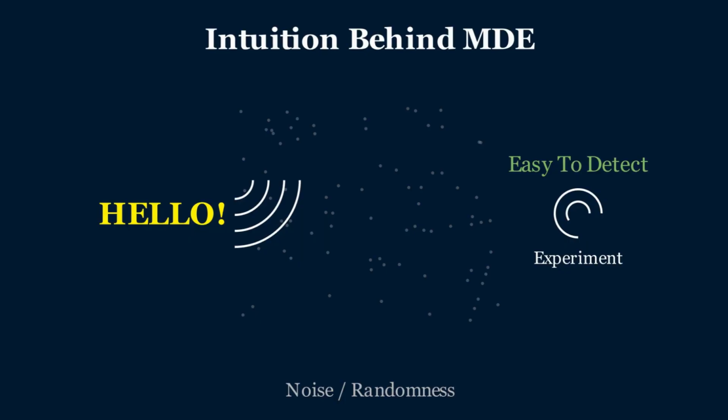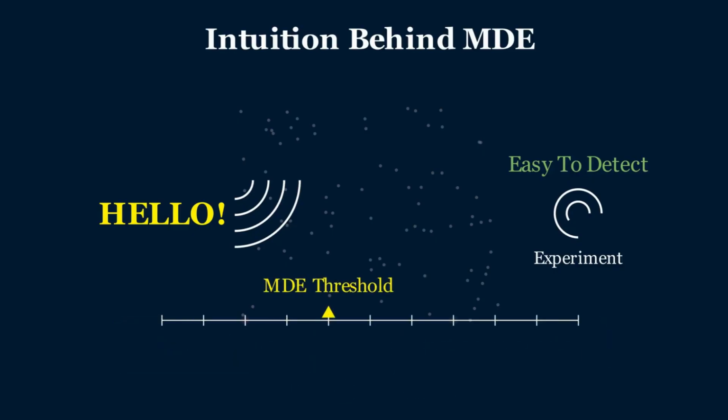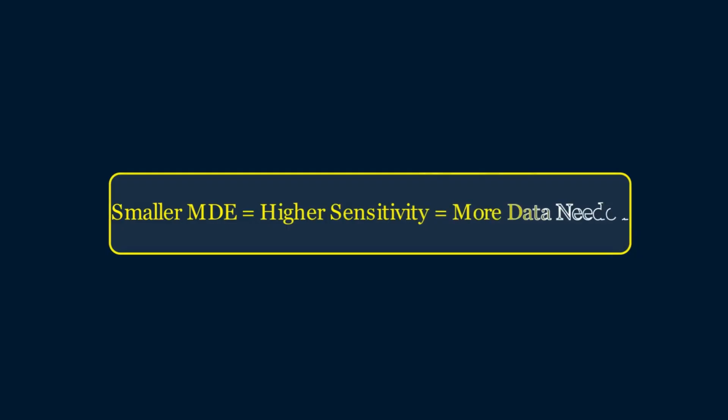Small effects are whispers hidden inside randomness. In experimentation, the effect is the signal and variability is the noise. MDE determines how loud the signal must be before your experiment can reliably notice it. A smaller MDE means your experiment becomes more sensitive, but higher sensitivity requires much more data.